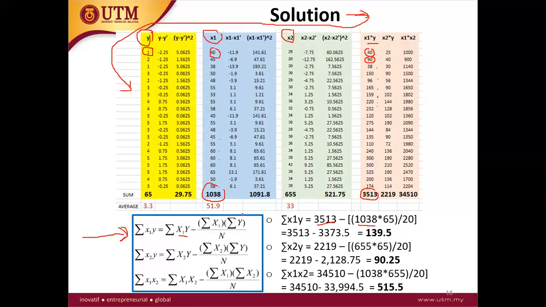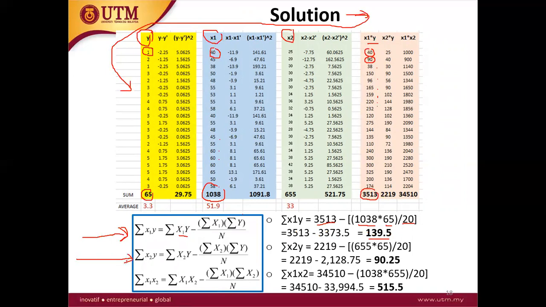And the sum of Y is 65: 1 plus 2, 1 plus 1 plus 3, and so on. Divide by 20, the number of samples, the number of staff. So you get 3513 minus 3373.5, you get 139.5.